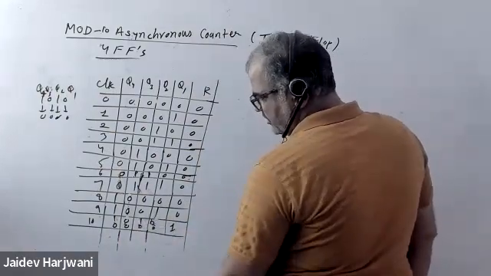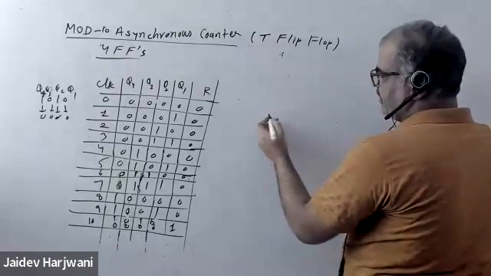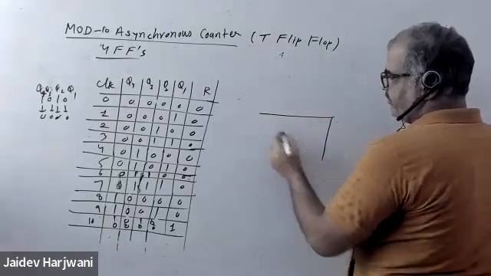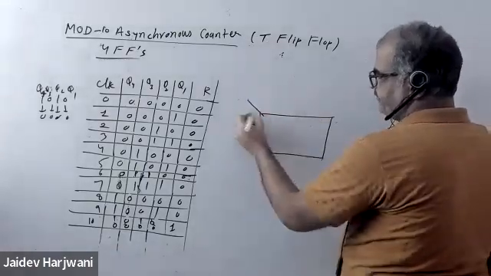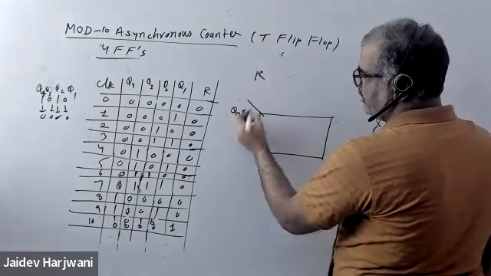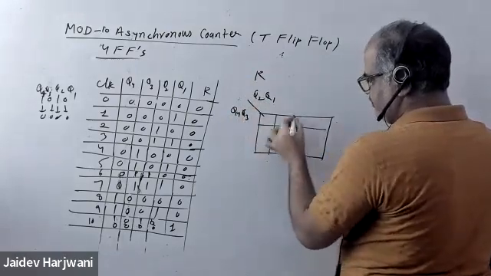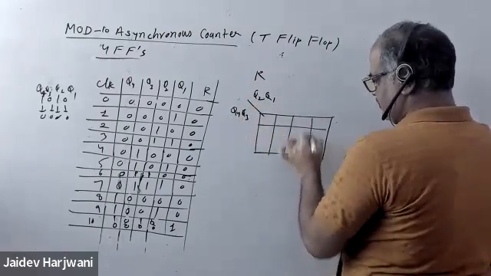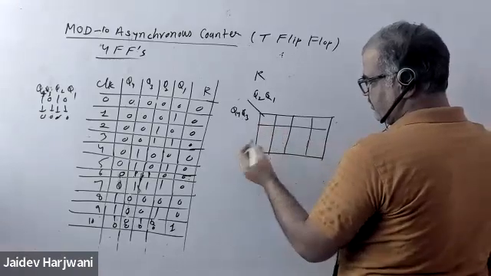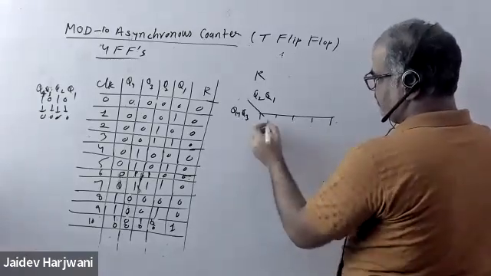And another condition, after you go to 11, 12, those are don't-care conditions. So let me make R now. For R, you have Q4, Q3, Q2, Q1. All the parameters are now 8, 16. So you have 16 now.